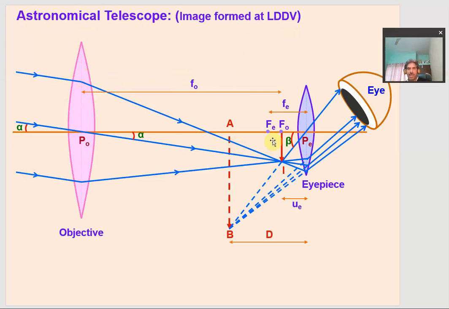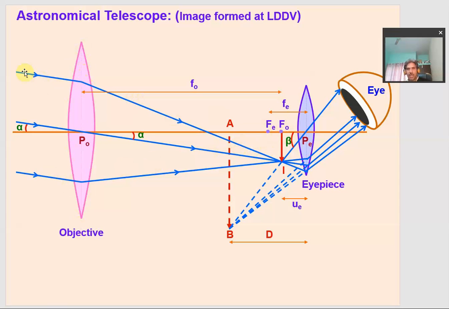But in case of a large telescope, where the objective lens is of very large aperture, all the light rays do not converge at the same common point called the focus of the objective lens. Some are converged closer and others are converged at a farther point.